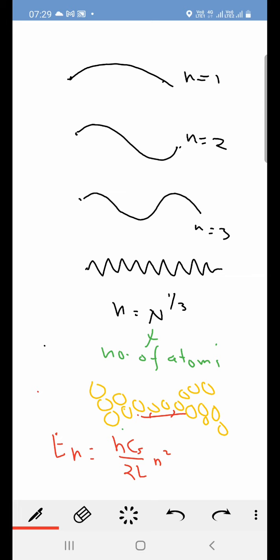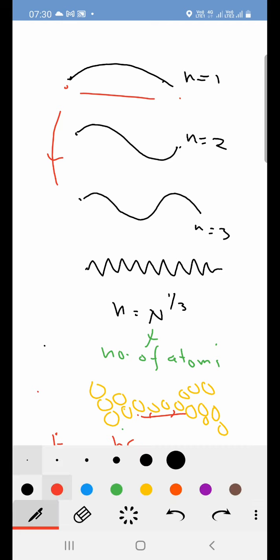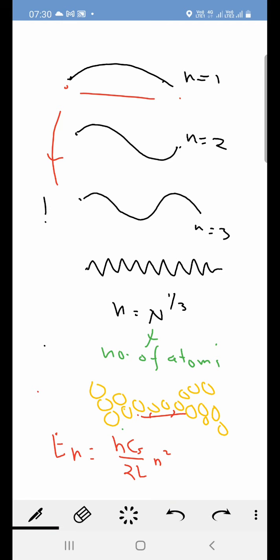And also the minimum wavelength. If this is the minimum wavelength, there are two atoms, atom 1 and atom 2. The minimum wavelength of a phonon is twice the atomic separation. We know that lambda is equal to 2L by n.